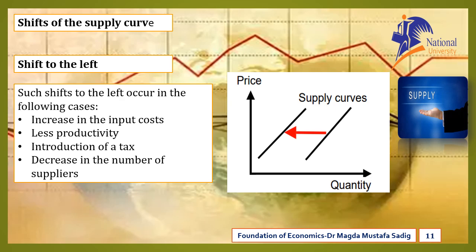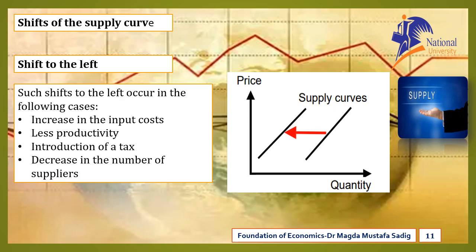Decrease in the number of suppliers. If firms shut down or leave the market due to low profits, strict regulations, or natural disasters, the total market supply decreases. So during a financial crisis, many small electronics manufacturers might close due to high borrowing cost or low demand.